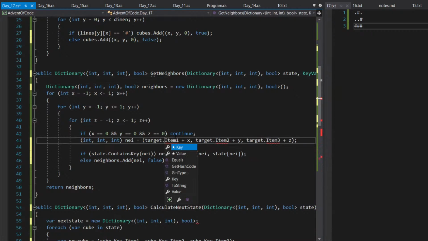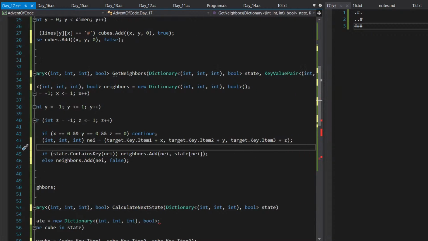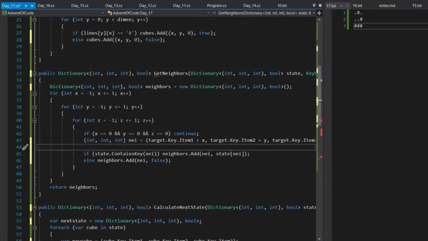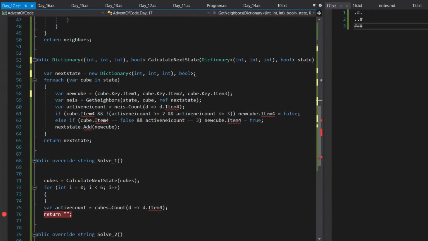Target dot key. Okay. Well, I guess we didn't really need the key value pair, but whatever.